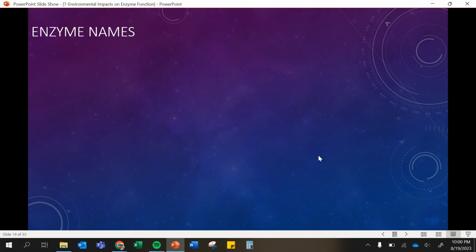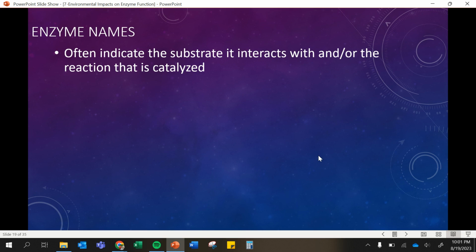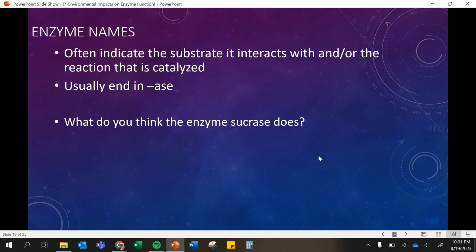A big thing that is helpful is looking at the names of enzymes. Usually the substrate that it's interacting with is identified in the name of the enzyme itself. Also, enzyme names usually end in -ase, A-S-E. So the enzyme sucrase breaks down sucrose.